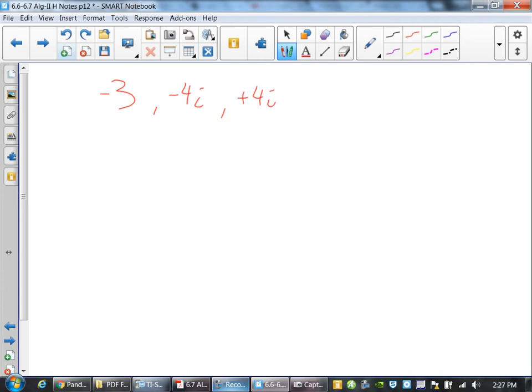Which means, when you write it out, you have x plus 3, x plus 4i, x minus 4i. Do you remember what function gives you zeros at plus minus 4i? X squared plus 16.